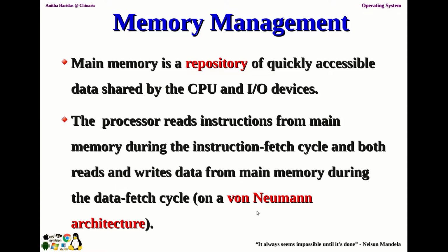So this is what you call von Neumann architecture, storing the data in the primary memory. Both instructions and data are stored in the primary memory. So your processor is the one which reads and writes data into the primary memory.